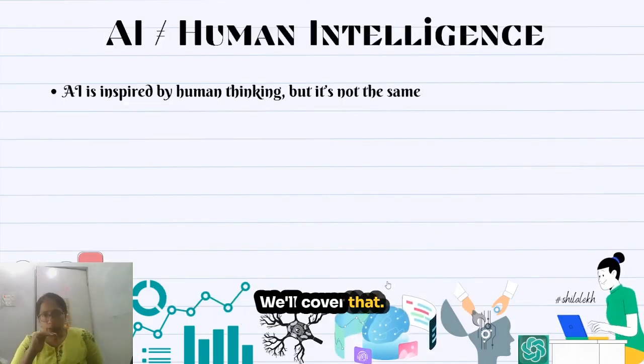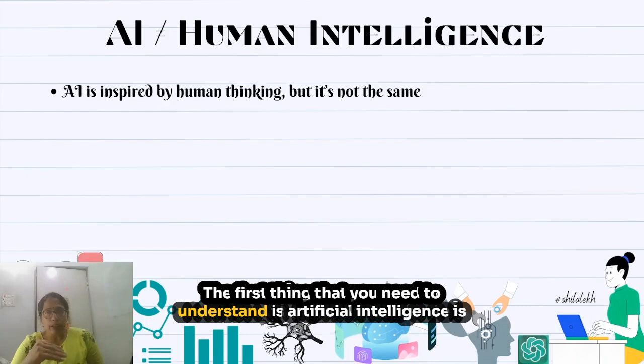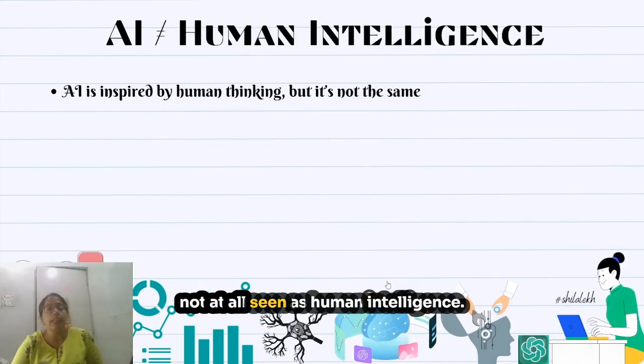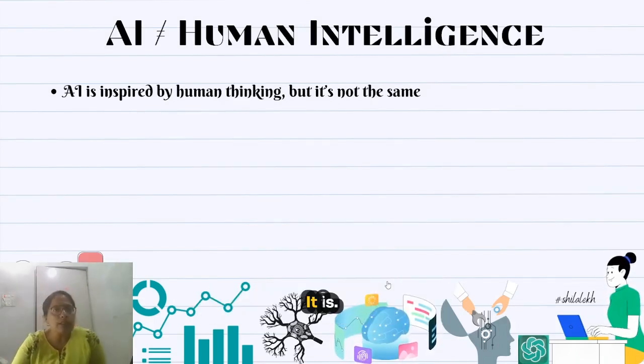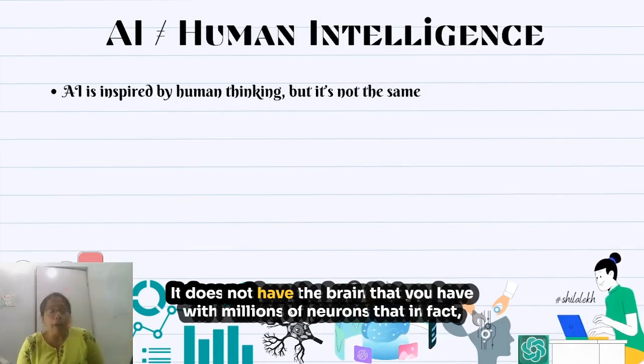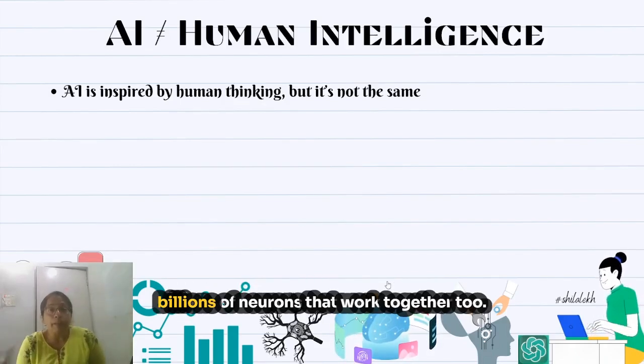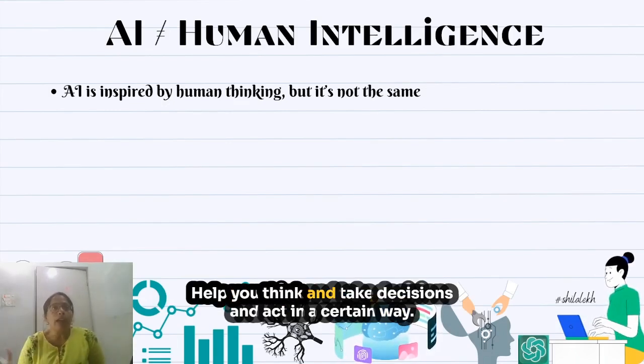We'll cover that. The first thing that you need to understand is artificial intelligence is not at all the same as human intelligence. AI may seem human-like, but it is still very different. For starters, it does not have the brain that you have with millions, in fact billions, of neurons that work together to help you think and take decisions and act in a certain way.